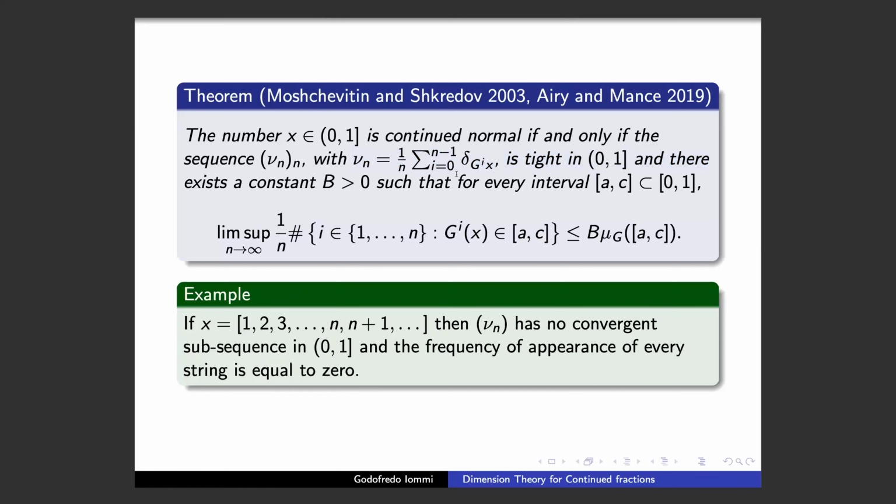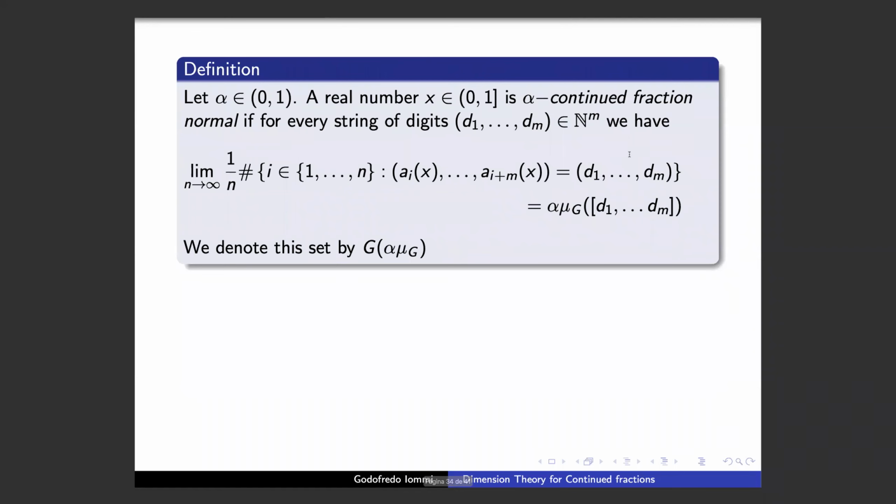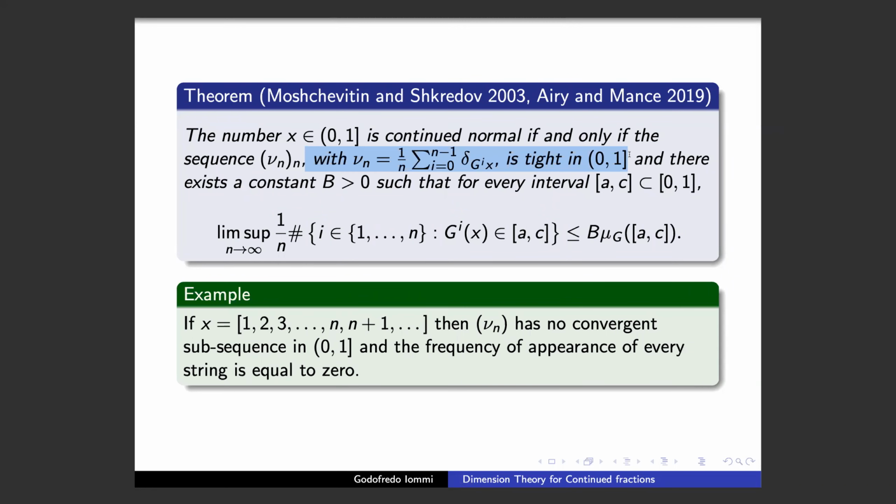So in order to fix the argument, you just needed to ask that every convergent subsequence of this empirical sequence actually converges in the half-open interval 0, 1. Once you have that, the same argument that I mentioned at the very beginning of the talk actually holds.